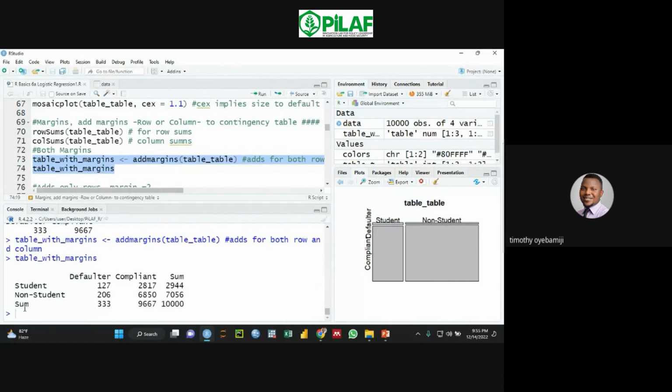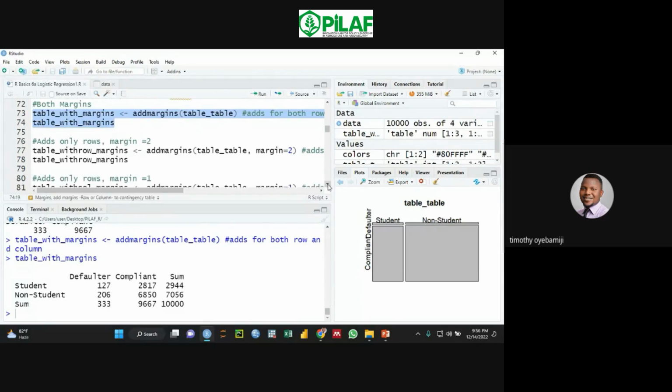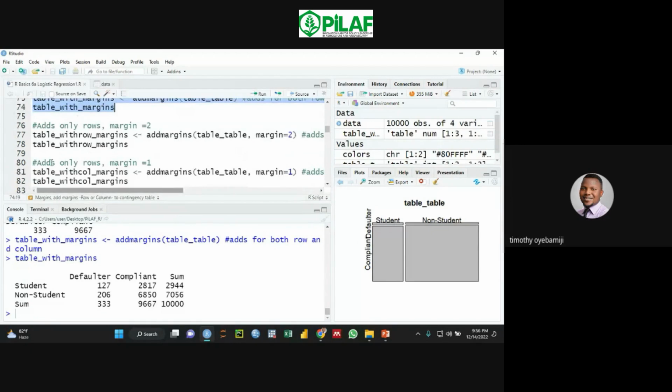Now, what if you're interested in just the row sum and you're not interested in the column sum? What we do here is to put margin equals 2. Margin equals 2 adds the row sum, while margin equals 1 adds the column sum. Okay, this should be column.